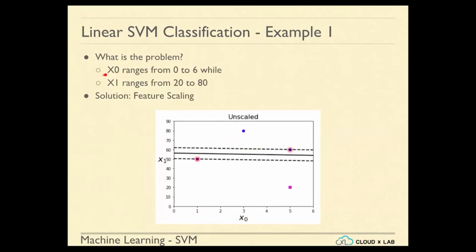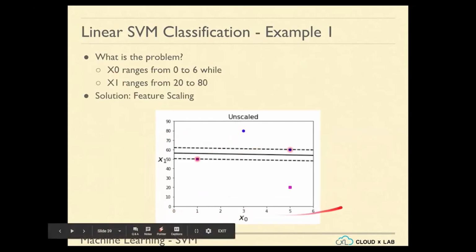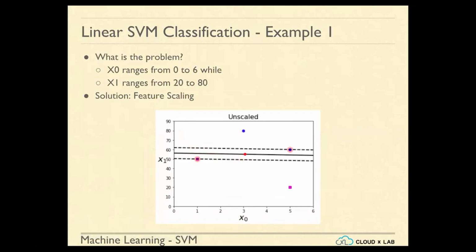You can see that x0 is varying from 0 to 6, and x1 is varying from 20 to 80. Therefore, we get this kind of very tiny thin lane. So the one solution that we have is doing the feature scaling.